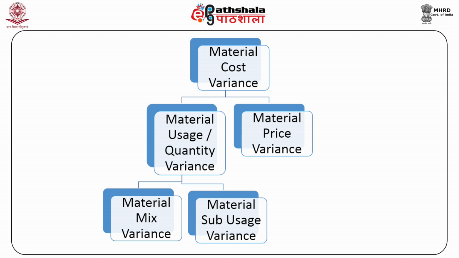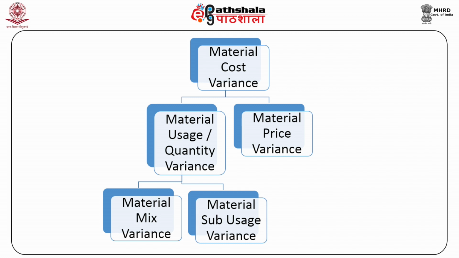It undertakes the difference between the standard quantity and revised standard quantity. When there is no difference between the total actual quantities of all material and total standard quantities of all the material, then the revised standard quantity would be same as standard quantity, resulting into no material revised usage variance.